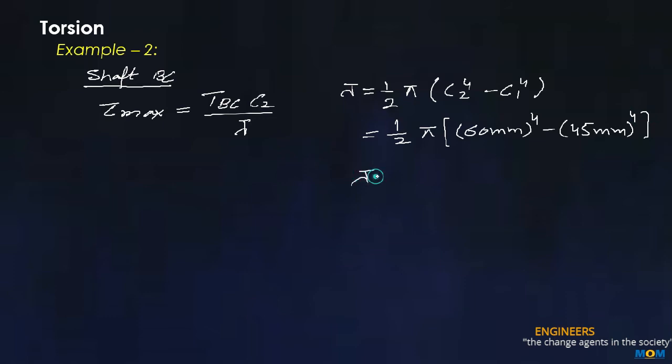So we have the value of J, that is polar moment of inertia, 13.92 into 10 raised power minus 6 meter 4.